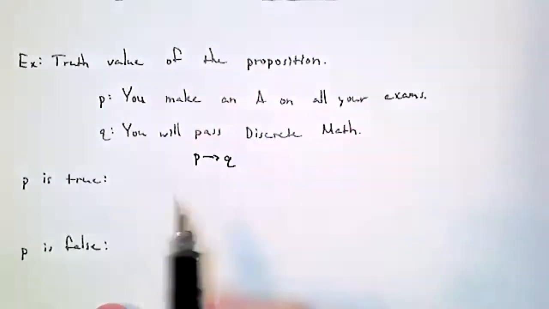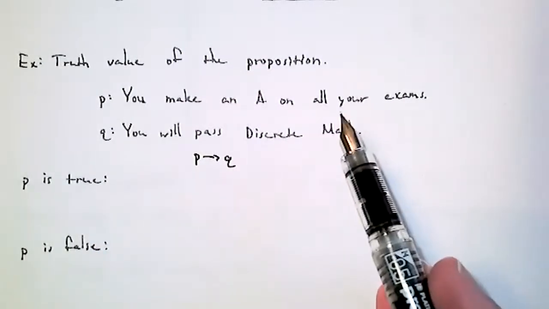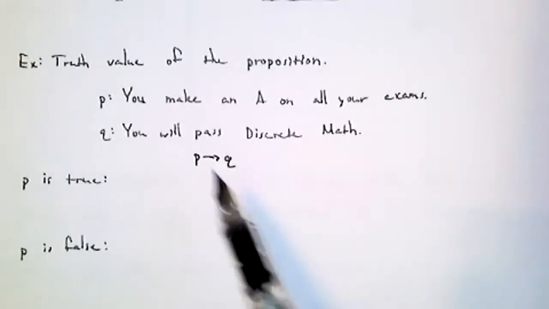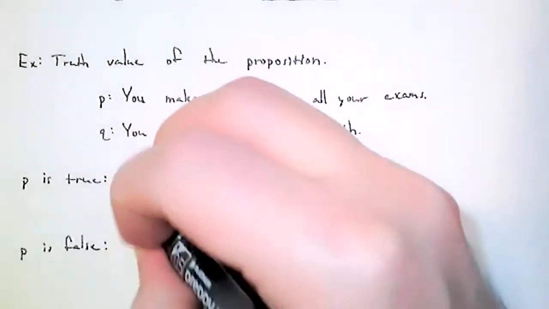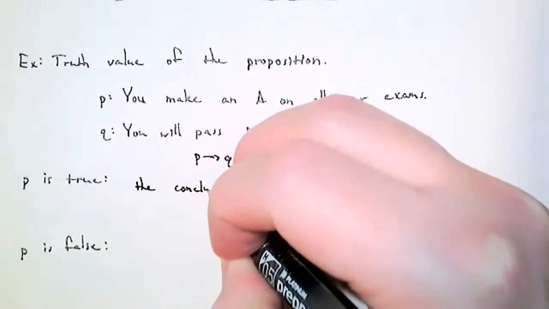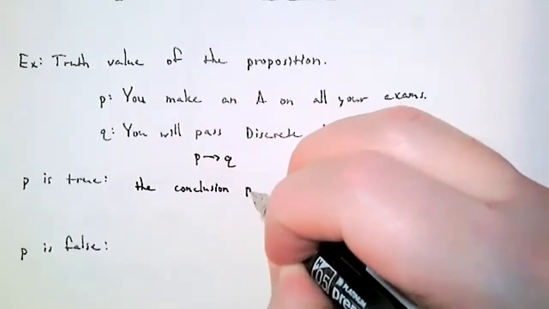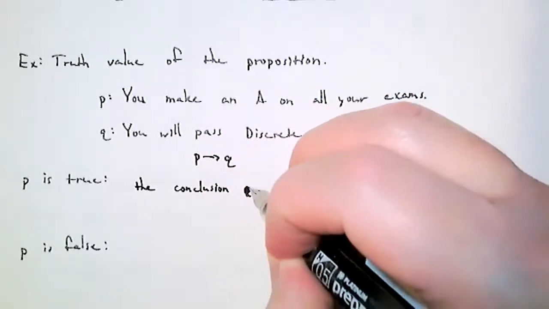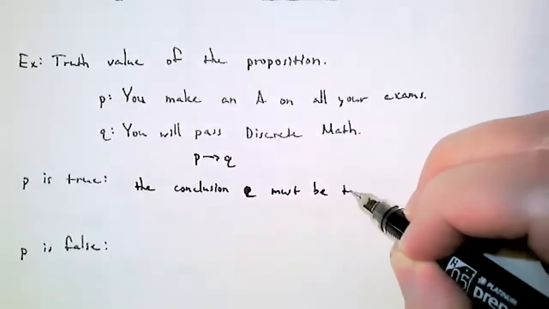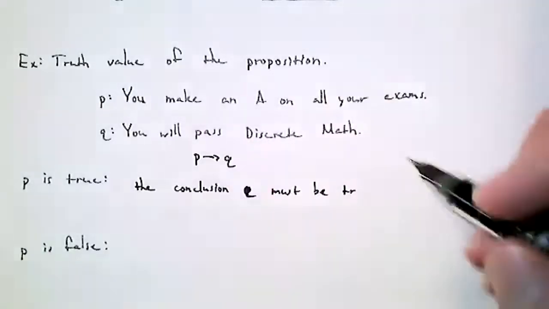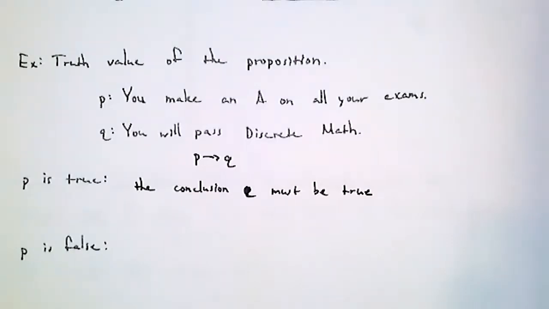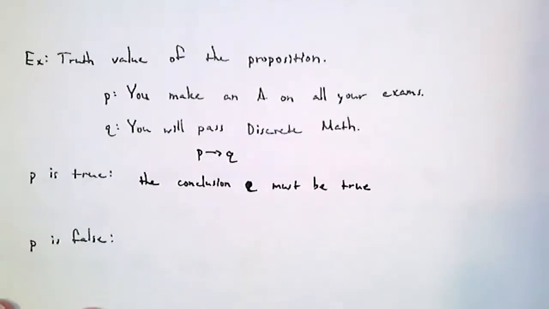So if P is true, if you do make that A on all of your exams, then you definitely have to pass discrete math in order for this statement to be true. The conclusion Q must be true if you do make an A on your exams. Okay, so that's pretty clear, I think.